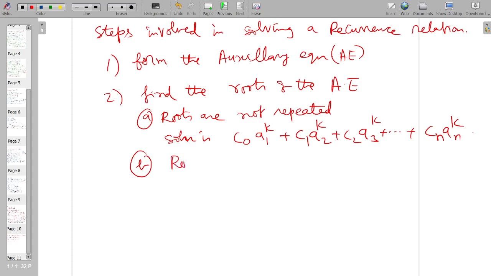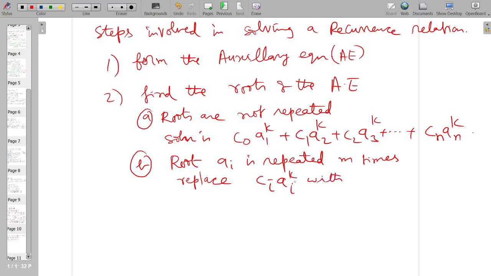If root ai is repeated m times, in that case you replace ci ai power k with alpha naught plus alpha 1 k plus alpha 2 k squared plus so on plus alpha m k power m, into ai power k.